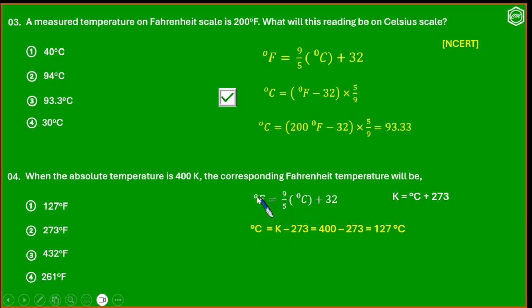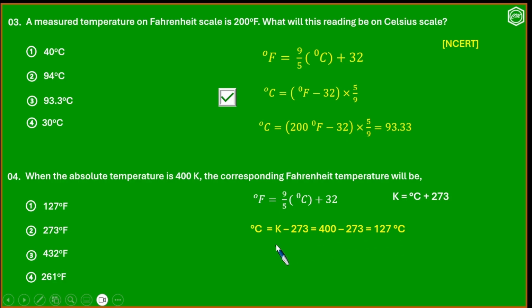So first we convert this to degrees Celsius. So degrees Celsius is equal to Kelvin minus 273. That is 400 minus 273. That is equal to 127 degrees Celsius.